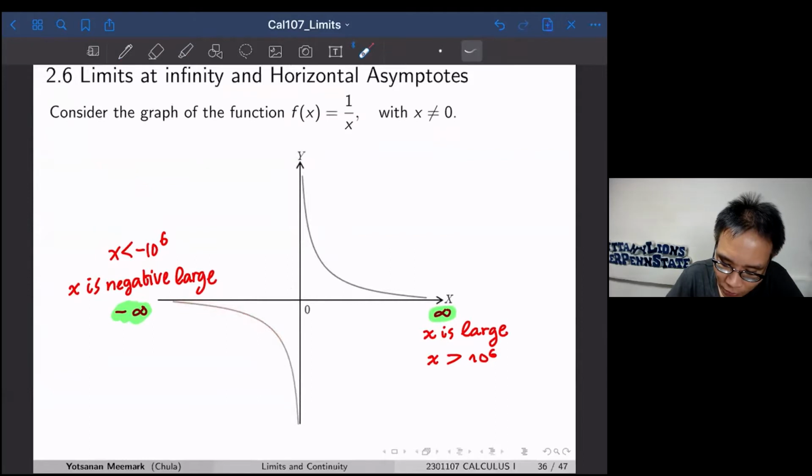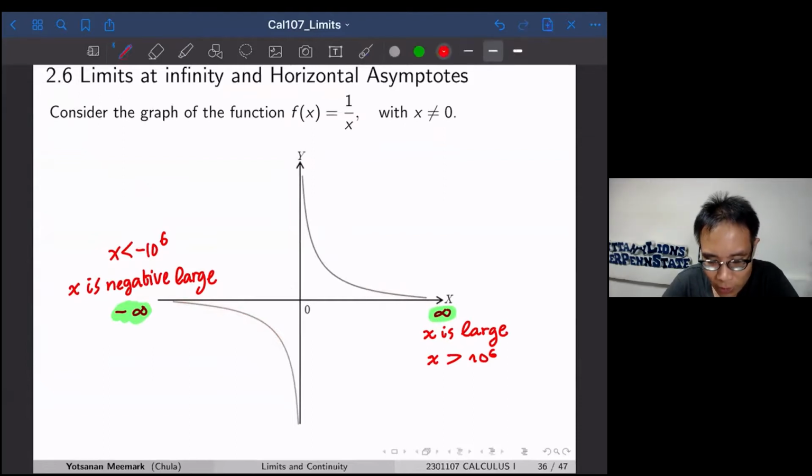Also, when x is large, x goes to positive infinity, the value of f(x) turns out to be very, very small, so it turns out to be 0 as well.